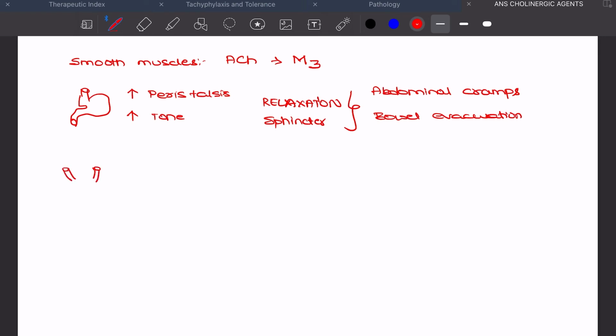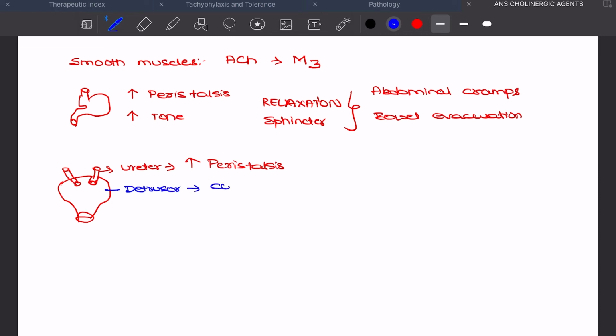On the other hand, when we come to the ureter and the bladder, this is the ureter. Again here there will be increased peristalsis. Here you can see there is a detrusor muscle.